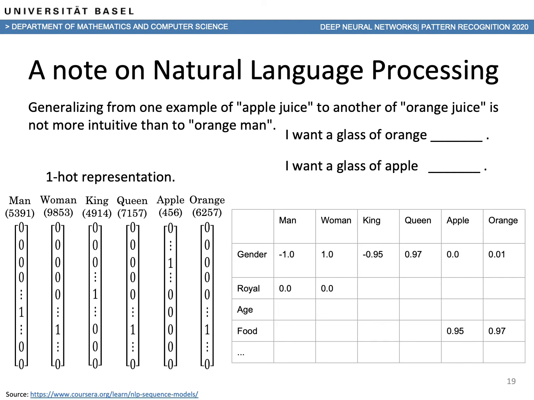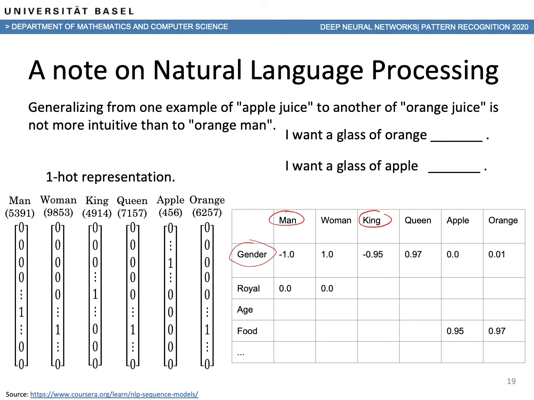So for instance, we have the words man and king, which are both male, and in some intermediate representation, the gender feature will have values close to each other, so -1 and maybe -0.95. The same with queen, which will then have 1 or 0.97. And then we have apple and orange.